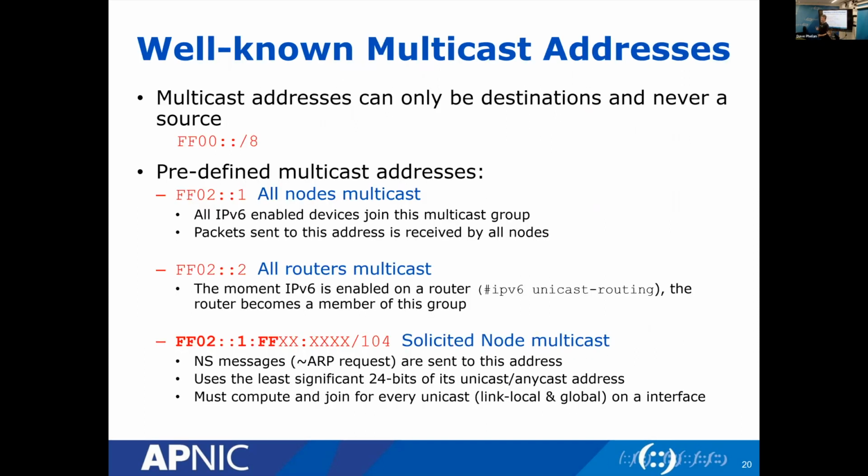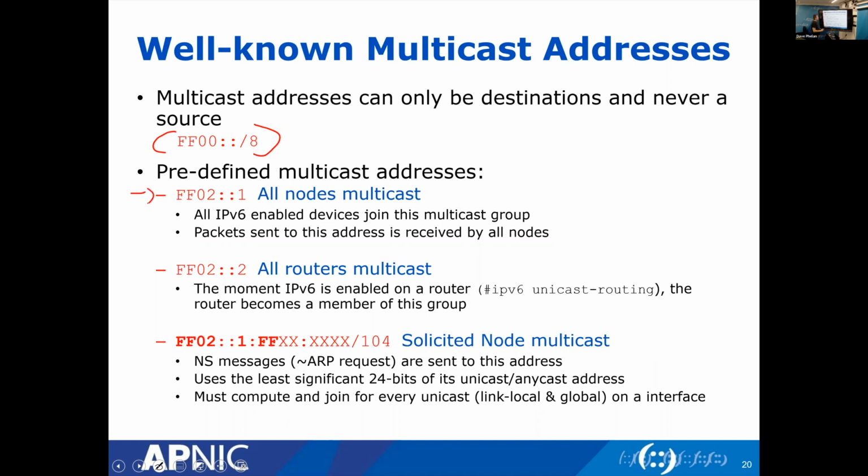Now, I said multicast was really important because it really is important. We use multicast a lot in IPv6. So we have some predefined multicast addresses that we use. They all come out of the FF00/8 block.